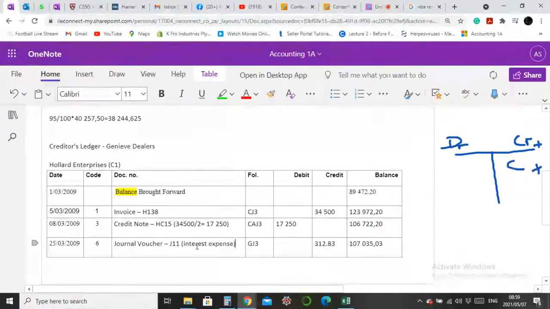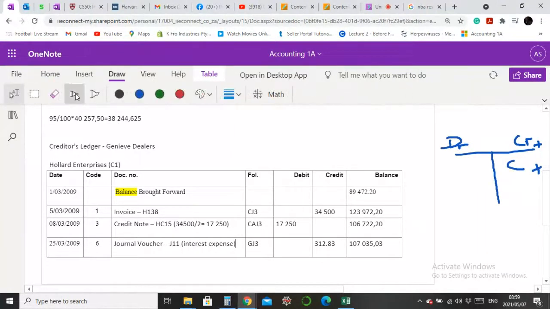And interest expense, we know all expenses, let me pull out my pencil quickly, we know expenses increase on the debit side. So when we're recording this interest expense, we're going to debit it.